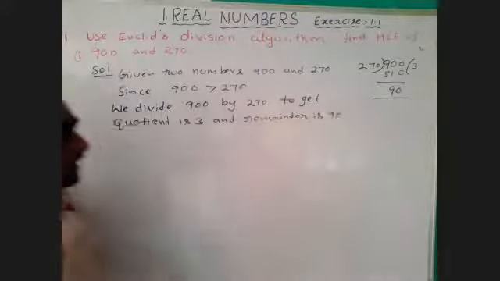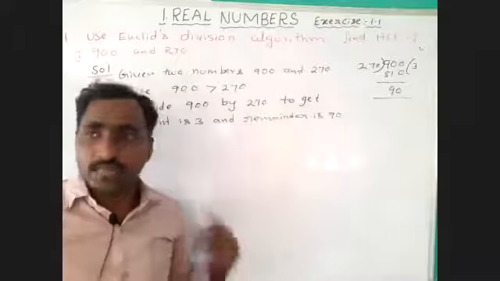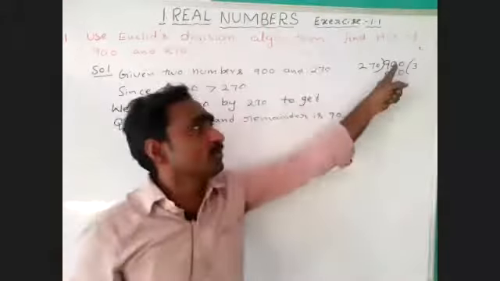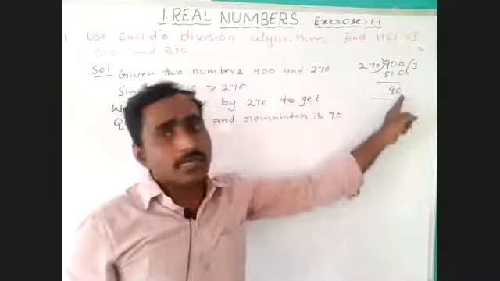So apply Euclid division lemma. What is Euclid division lemma? Dividend is equal to divisor into quotient plus remainder.